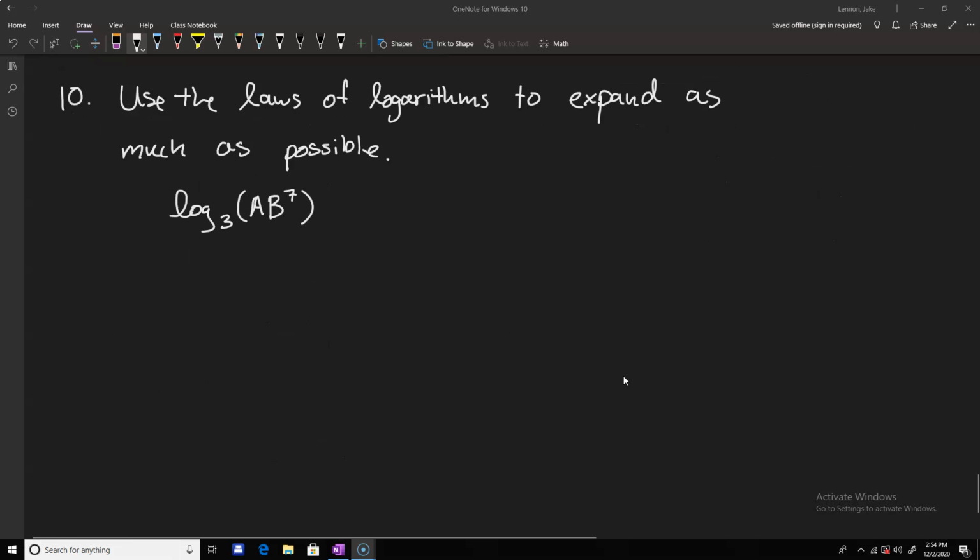Okay, so for our last problem, we're trying to expand this log base 3 of a b to the 7th using the laws of logarithms. So let's go ahead and just recap those before we do this. There are 3 log laws.